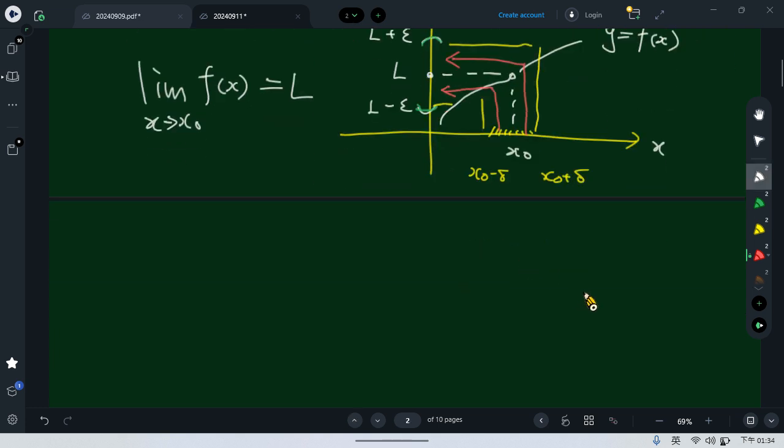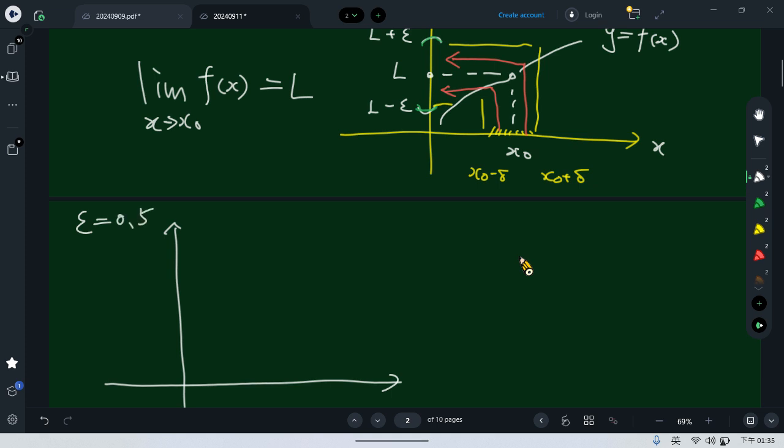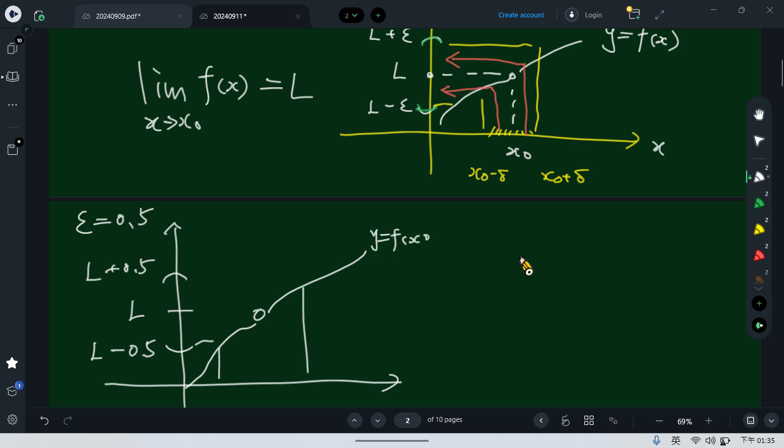For example, if the epsilon is maybe 0.5, then you can use L as a center and have a range between L minus 0.5 and L plus 0.5. Then I can always return one delta.